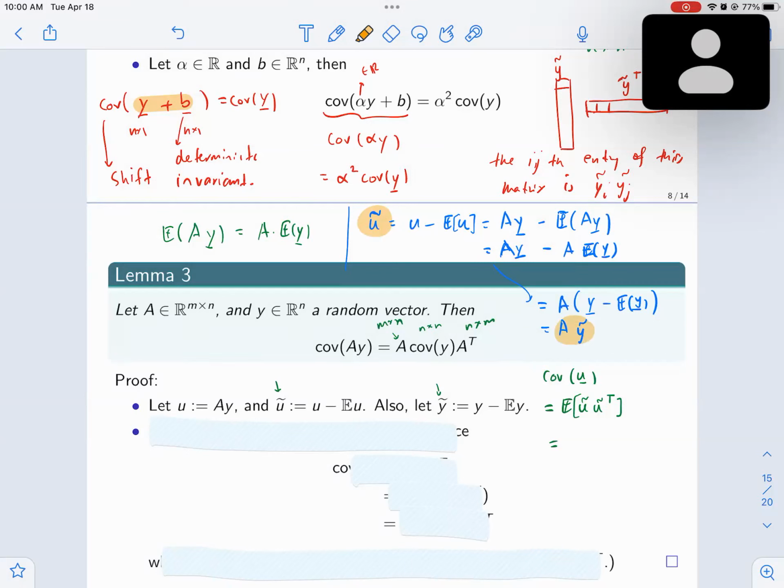There is a bit of argument here, and it follows by the linearity of expectation. If you have u equal Ay and you center u, it has the same relation to the centered version of y, so u tilde is A times y tilde. There's just this one-line argument. That's the first step, and it uses the previous property of linearity of expectation that we established.